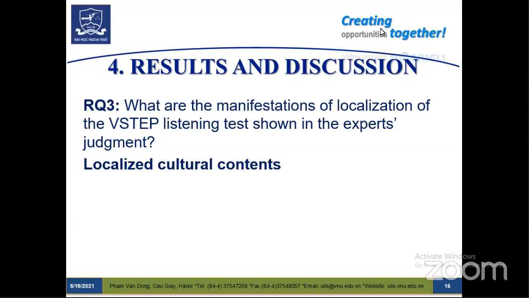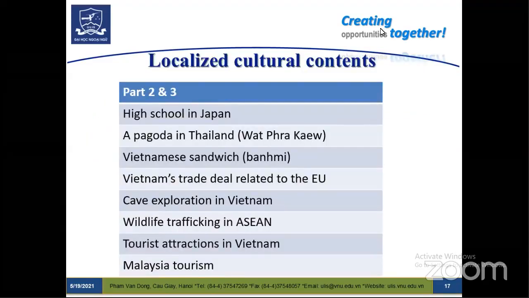The first one is that they evaluated the localized cultural content, which can be seen through some of the examples here. In part 2 and part 3 of the 5 tests, they collected all the information, the kinds of topics that mention culturally specific, context-specific content.